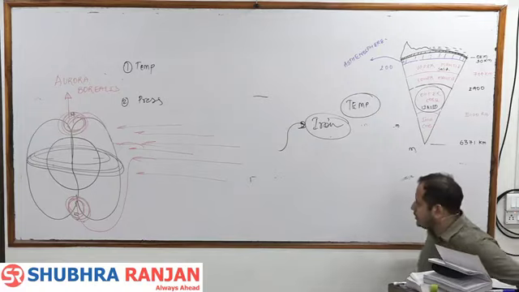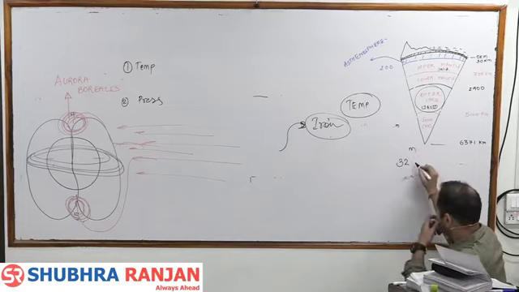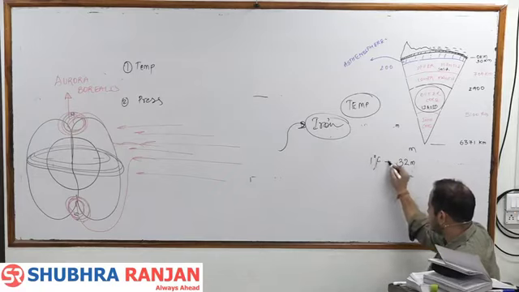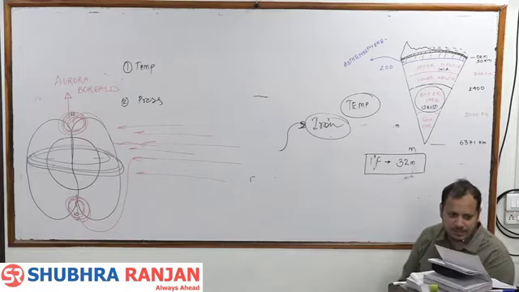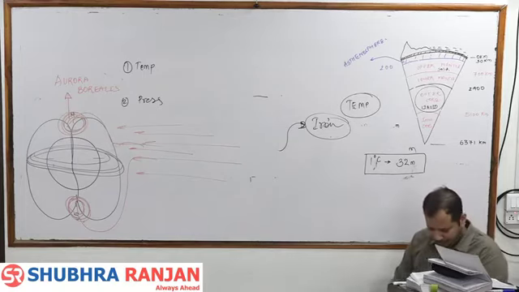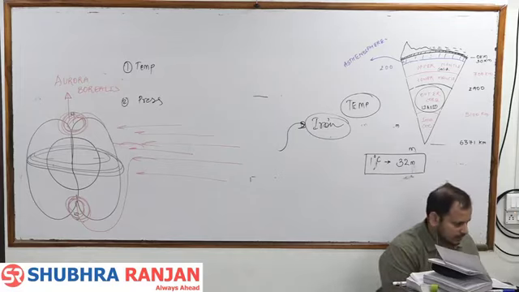But if we take a general law, that temperature increases at the rate of 1 degree Celsius for every 32 meters, then the temperature in the core should be around 2 lakh degrees Celsius.